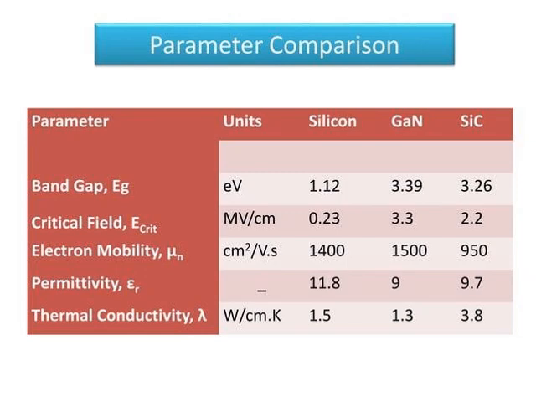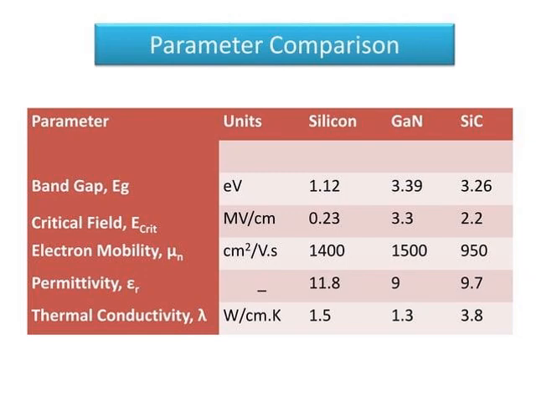Hence the critical field is seen as 0.23 for silicon, 3.3 for gallium nitride and 2.2 for silicon carbide. The electron mobility is 1400 for silicon, 1500 for gallium nitride and 950 centimeter square per volt second for silicon carbide.